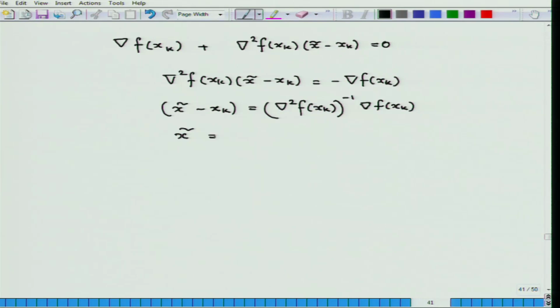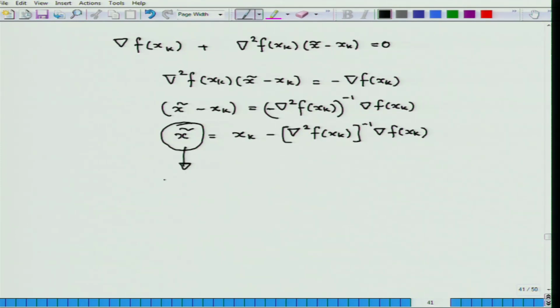Sorry, here I need to put the negative sign. So, x tilde is equal to xk minus the inverse Hessian times the gradient, and then observe that this x tilde can now be written as xk plus 1.